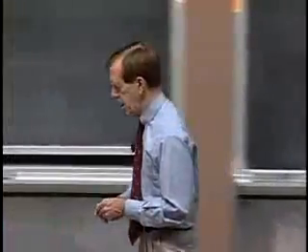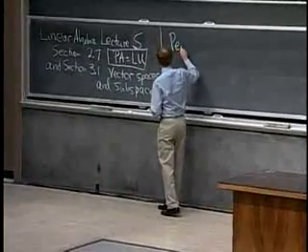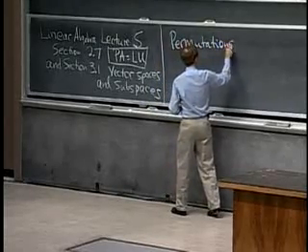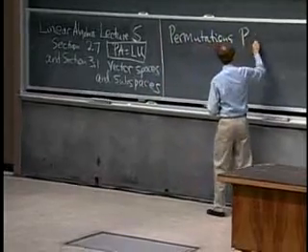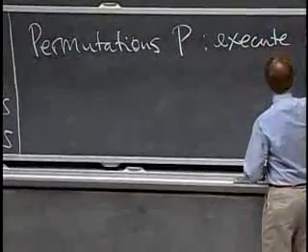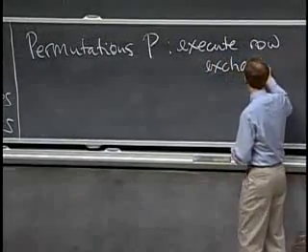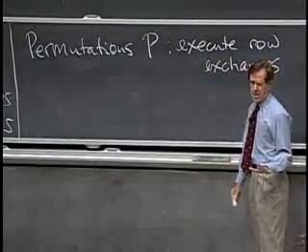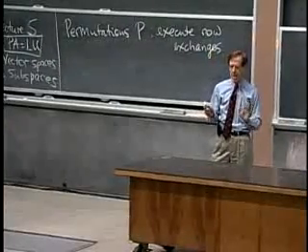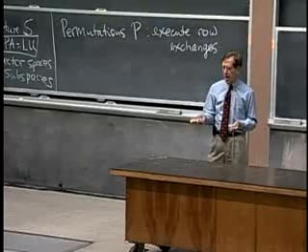These permutations, those are matrices P, and they execute row exchanges. And we may need them. We may have a perfectly good matrix A that's invertible, that we can solve Ax equal b.